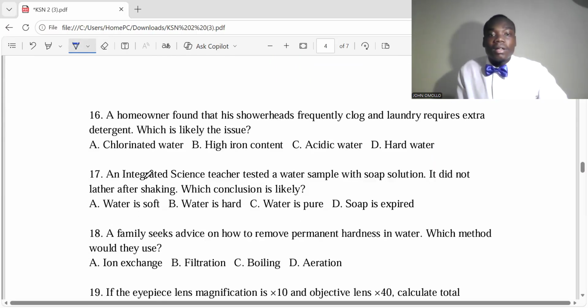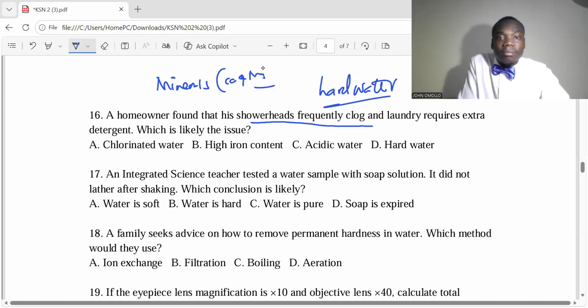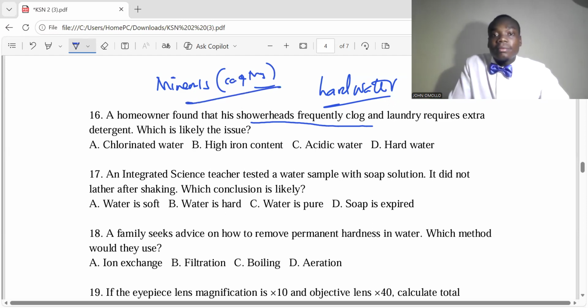A homeowner found that his shower heads frequently clogged and laundry requires extra detergent. That is one of the disadvantages of hard water. Hard water has minerals, which include calcium and magnesium carbonates. These salts don't form lather easily with soap, so they form an insoluble layer referred to as scum.